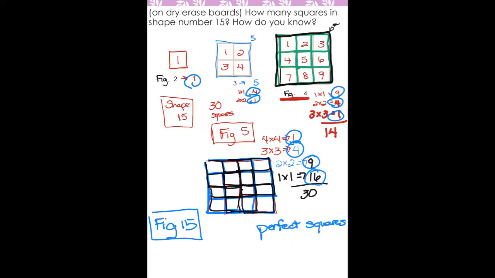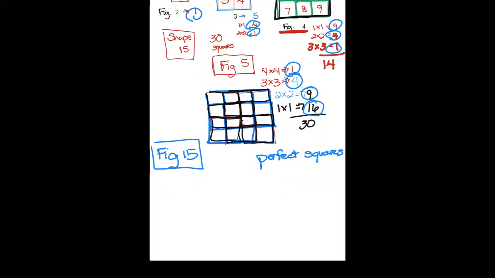A 14 by 14. It's always one less than the figure number, right? So a 14 by 14, there would be one of those.